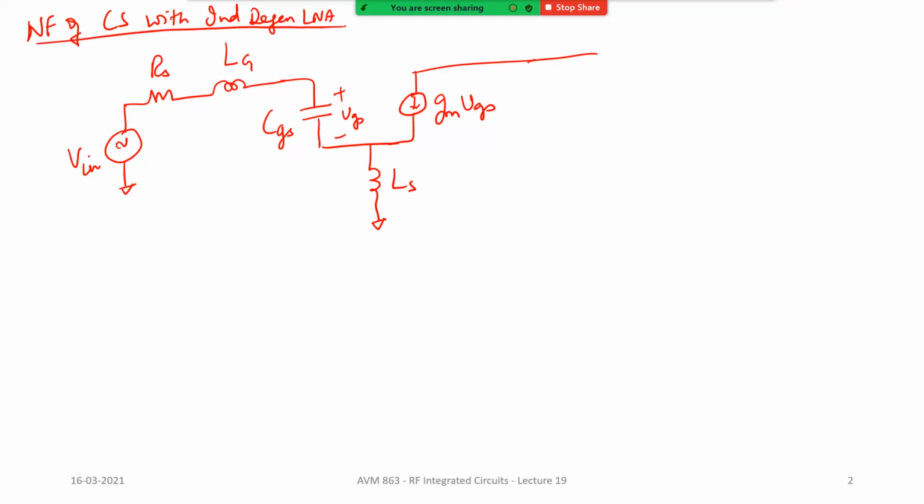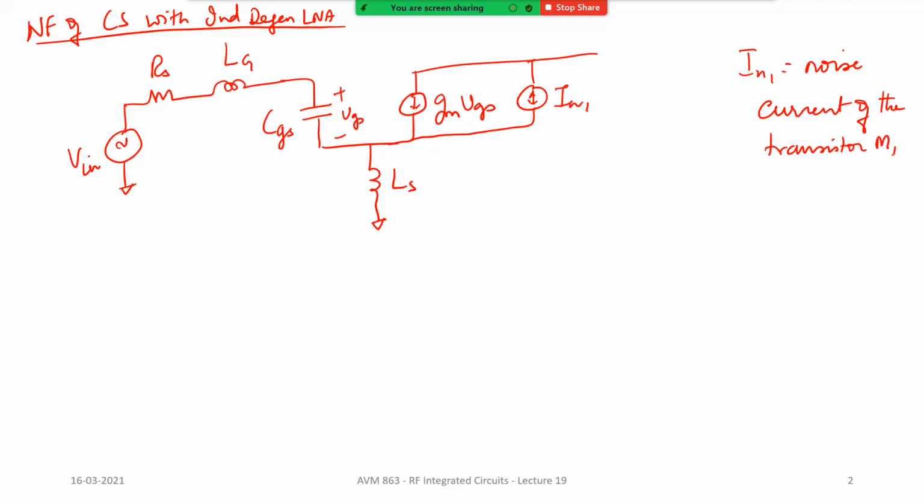So now we have to start talking about noise. Let's say the noise of the transistor is given as IN squared bar. In order to derive this, let's say IN1 is the noise current of the transistor M1.